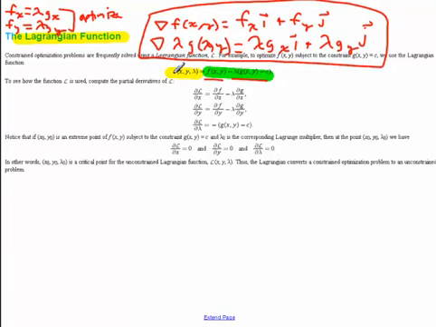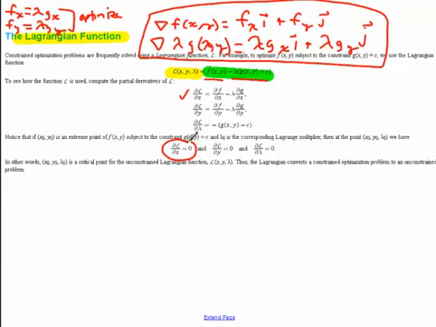So if we think about the partial derivative of our Lagrangian function with respect to x, that's just partial f with respect to x, which is this right here, minus lambda partial g with respect to x, and that's this right here.